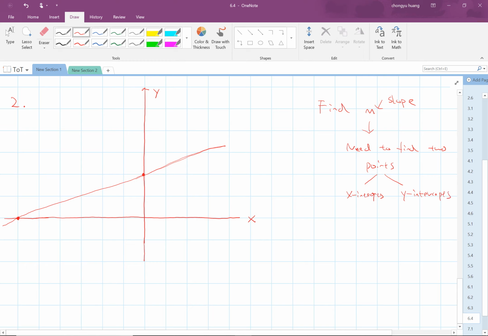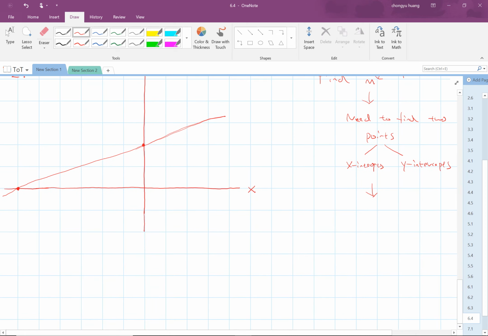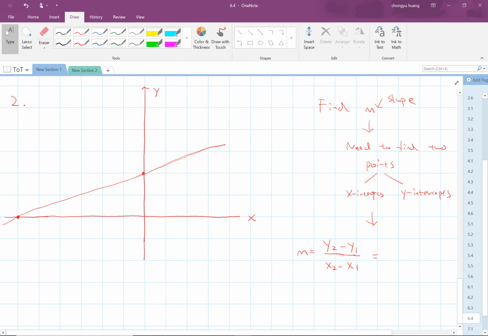Those are the easiest points to find. Okay, and then after you find the x-intercept and the y-intercept, you can just plug into the equation, right? m equal to y2 minus y1 over x2 minus x1. Okay, so that is how we find the slope of it, right?